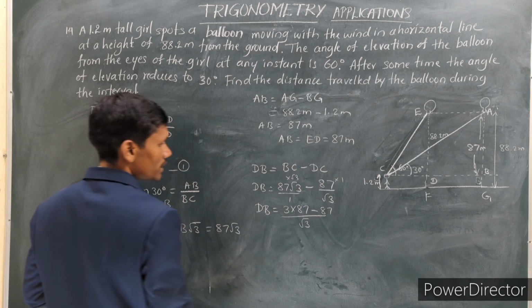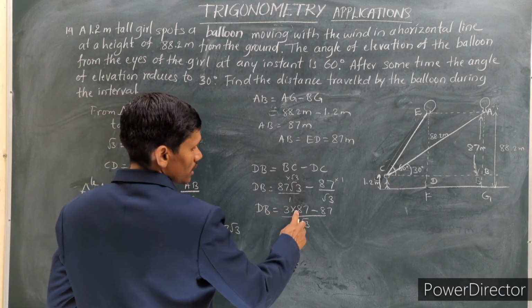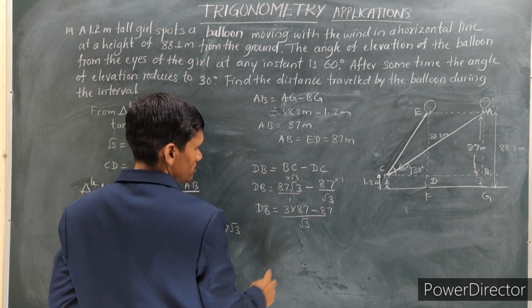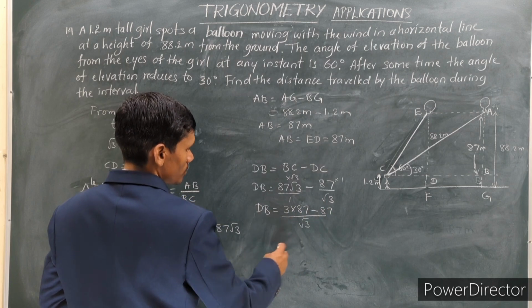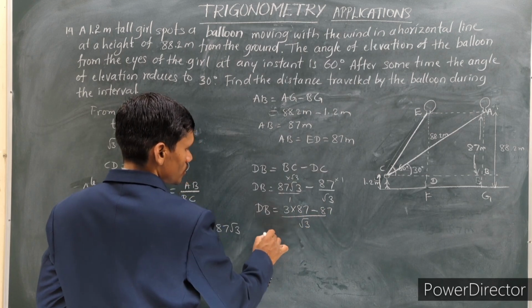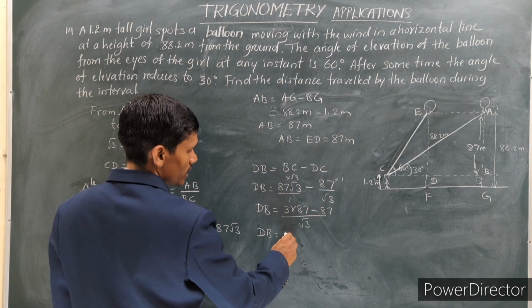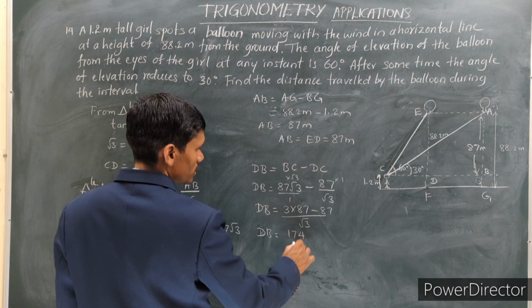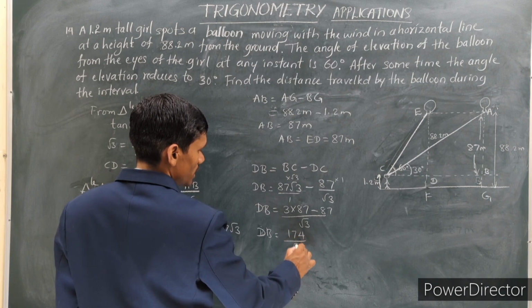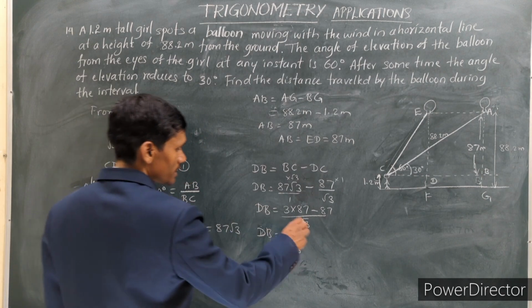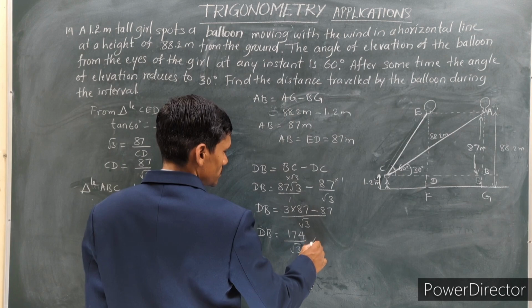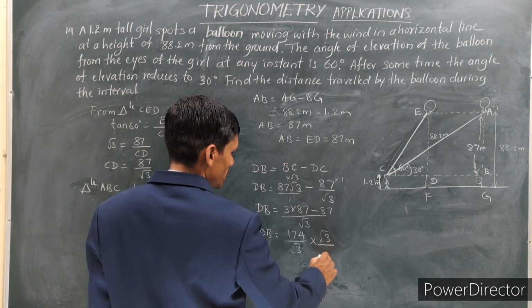Now 3 times 87 minus 87 means just 2 times of 87. 87 into 2 is 174, so dB is equal to 174 divided by root 3. Rationalize the denominator, root 3 into root 3.